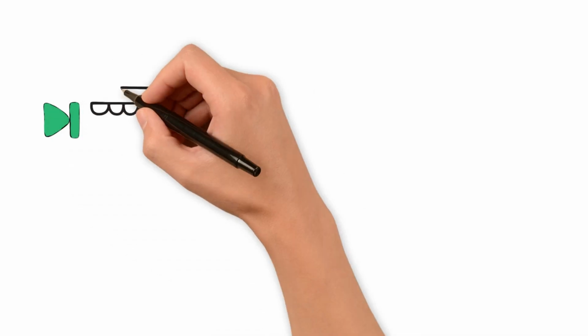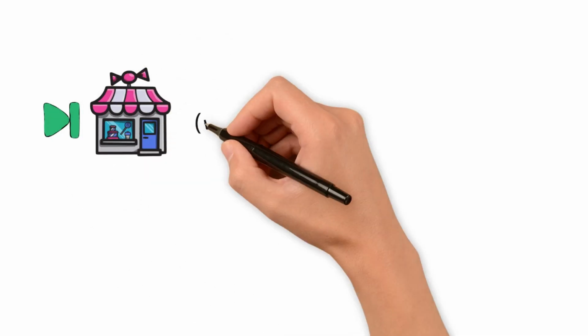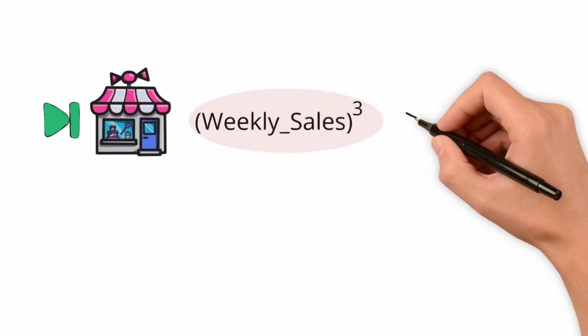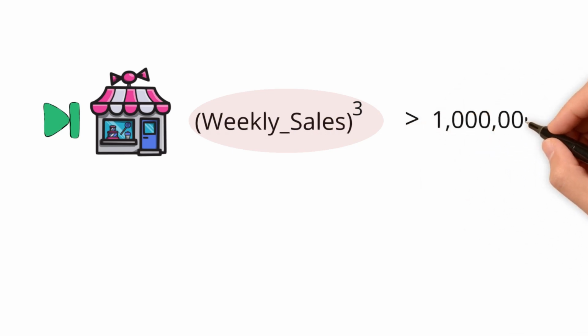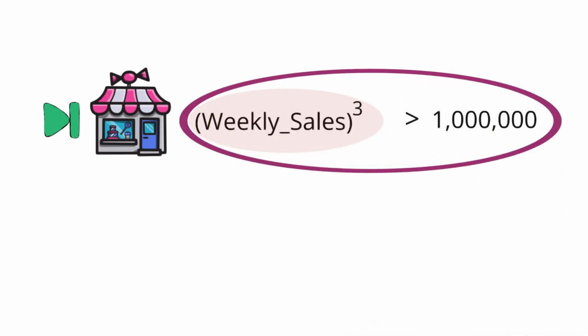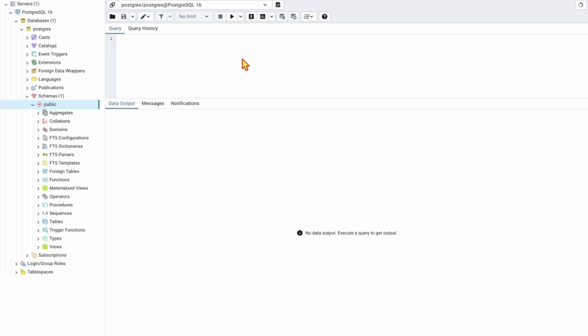Next one. Determine which store records have weekly sales such that when raised to the power of 3, the result is greater than a million. Open PostgreSQL and place your question. Let's check the data in the Walmart sales.